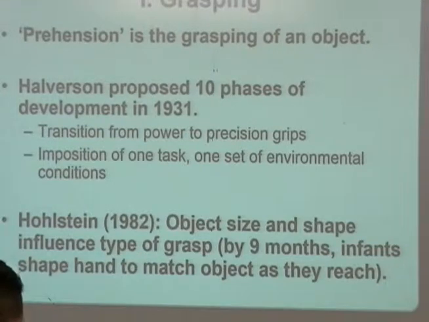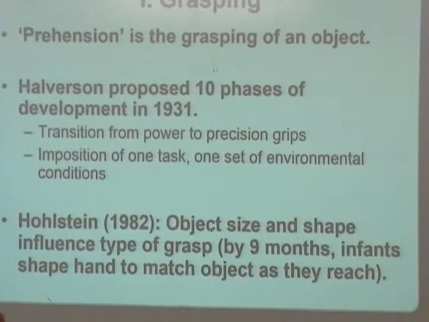Humans aren't the only mammal to have an opposable thumb. Great apes and old world monkeys also have an opposable thumb, but they're not able to turn the thumb so far that we see this really strong connection between the forefinger and the thumb.